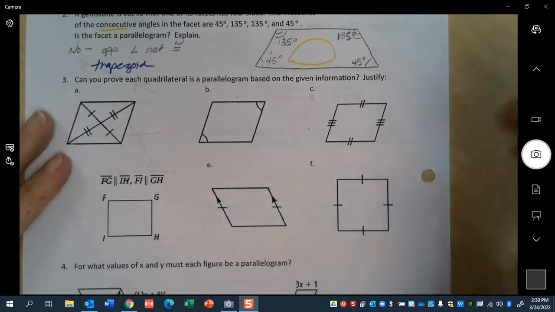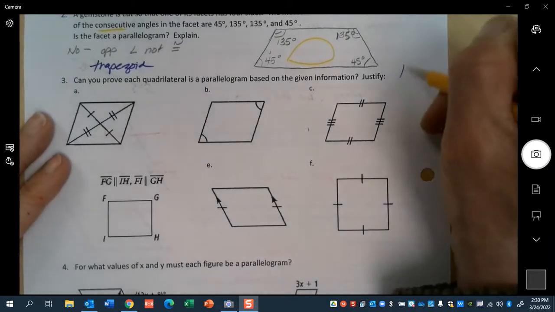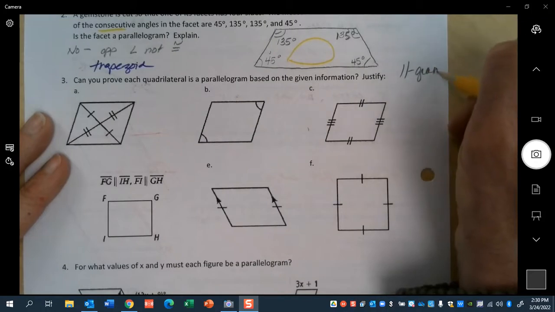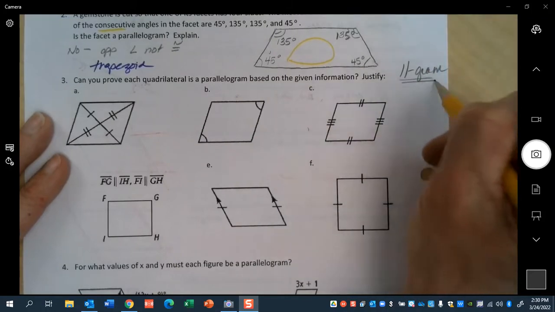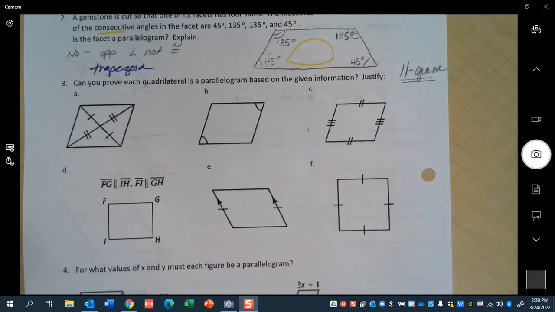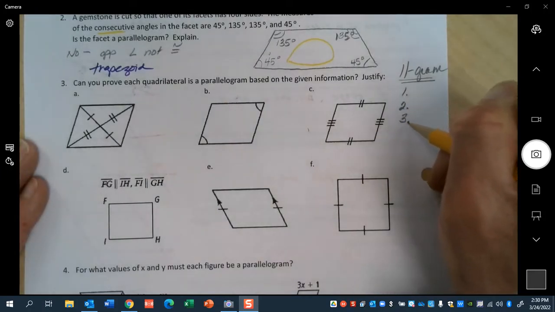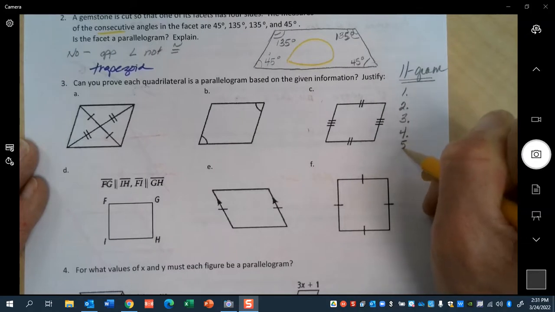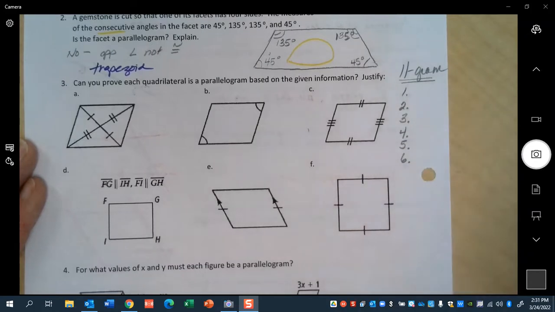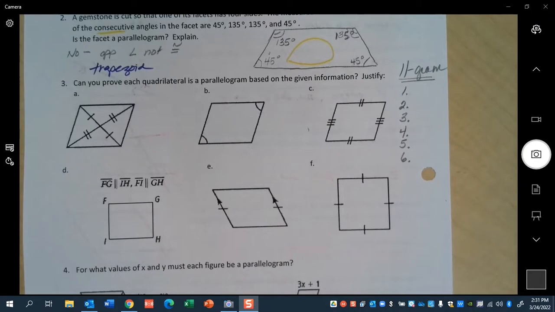If I want to prove a parallelogram, I know I've got six methods, six justifications, six reasons that can justify it being a parallelogram.